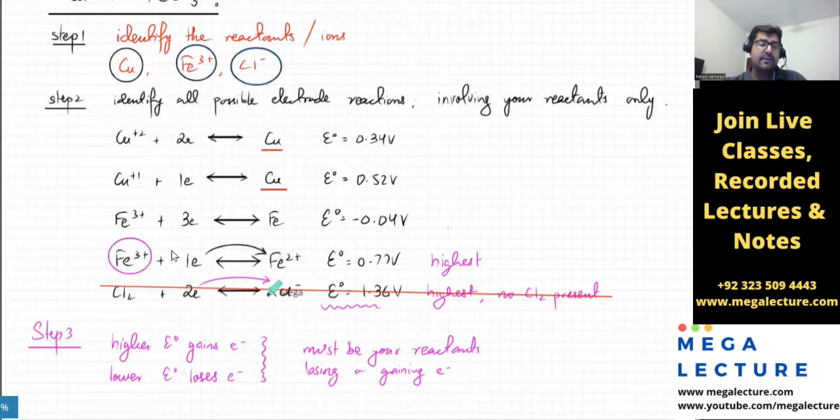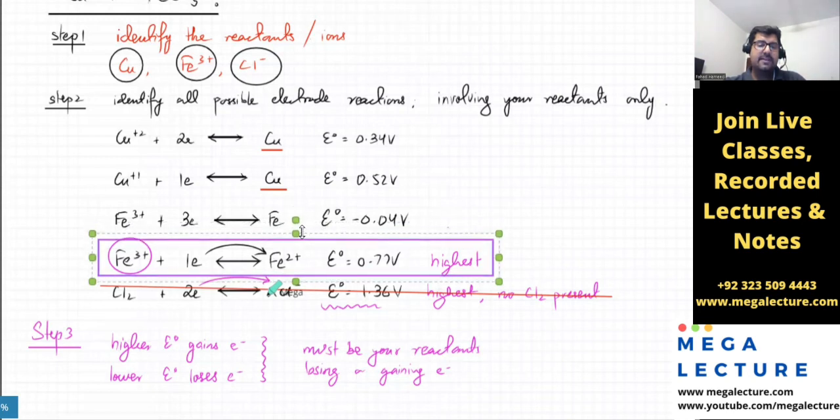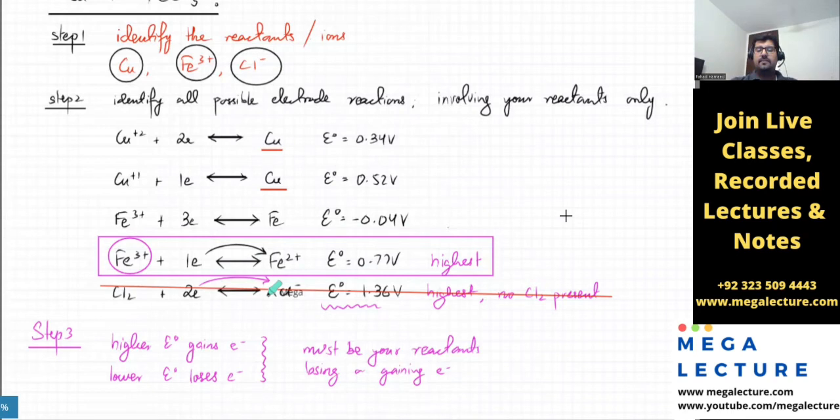So that's the one that's going to gain electrons. So I'm going to mark this one out because that perfectly works for my reaction. That for me is the one that has the highest potential. Is this clear? Is this part clear? Jian, Naseem.